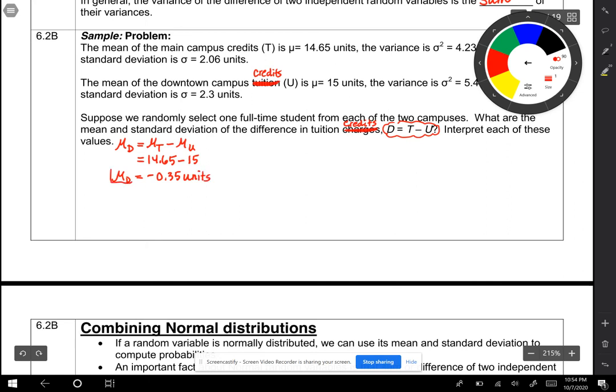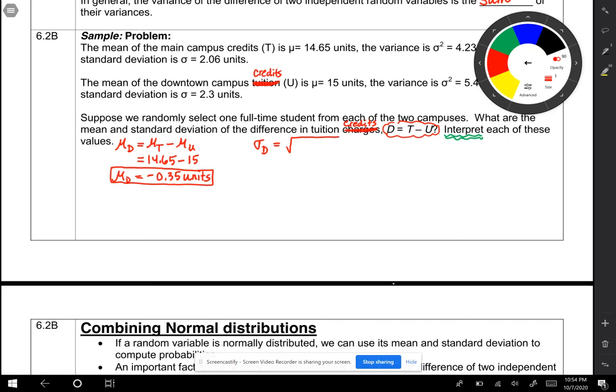Let's just go ahead and find the standard deviation. Of course, a lot of times you'll lose points on a test because students overlook this portion here when it's asking you to do something else. So many times my students have missed points on a quiz because they'll forget that portion of the problem. Okay, so for the standard deviation, we could use either one. So the standard deviation of D is equal to, I find it easier to use this one.